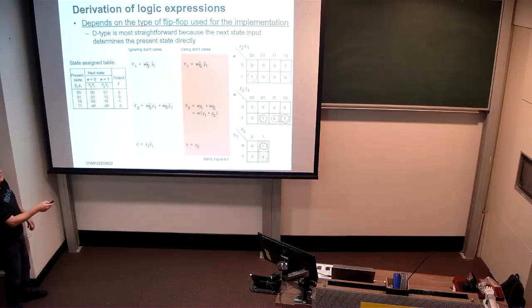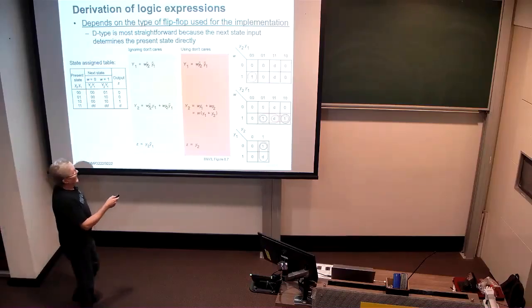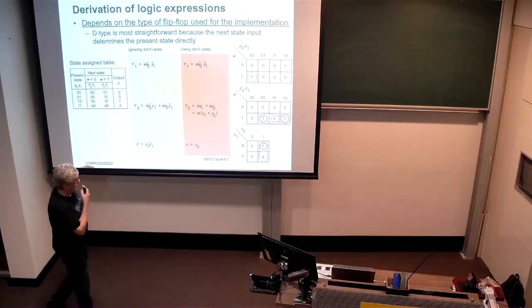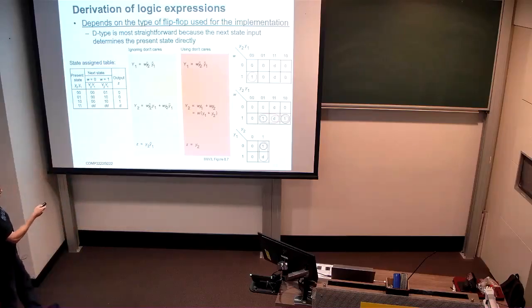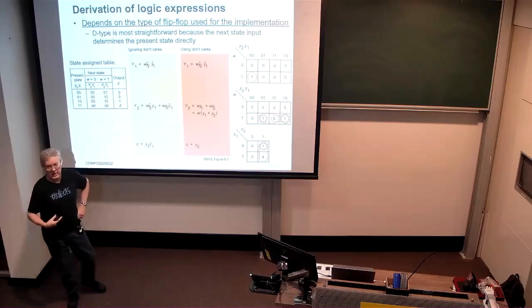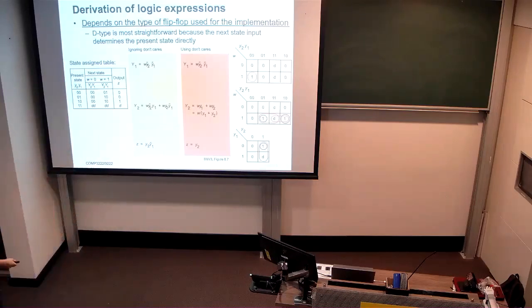Unfortunately, as you can see when you lay this table out in Karnaugh maps, we can't combine the 1 for capital Y1 with any of the D's here because they're not adjacent. So that doesn't allow us to simplify the expression for the next state variable for Y1.